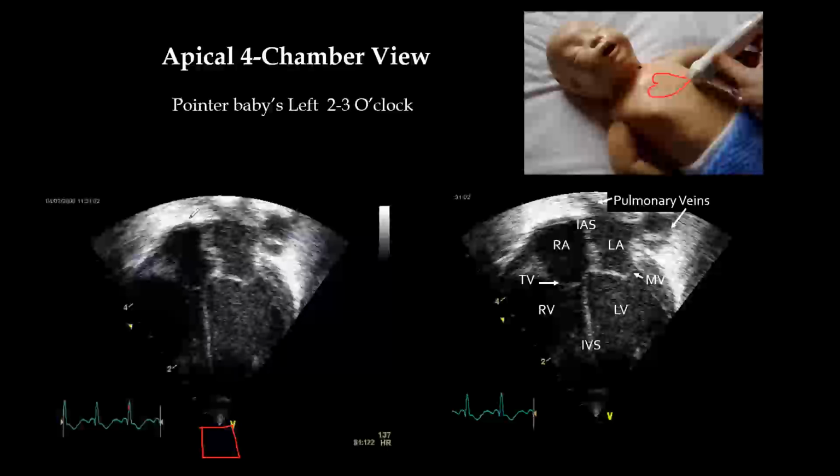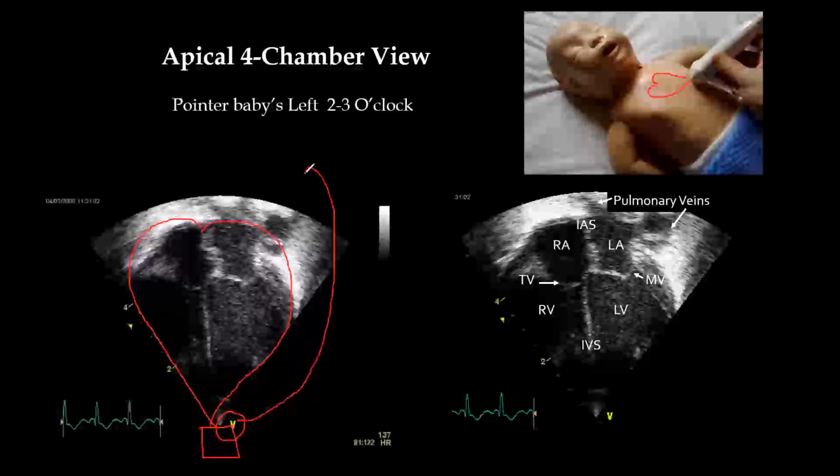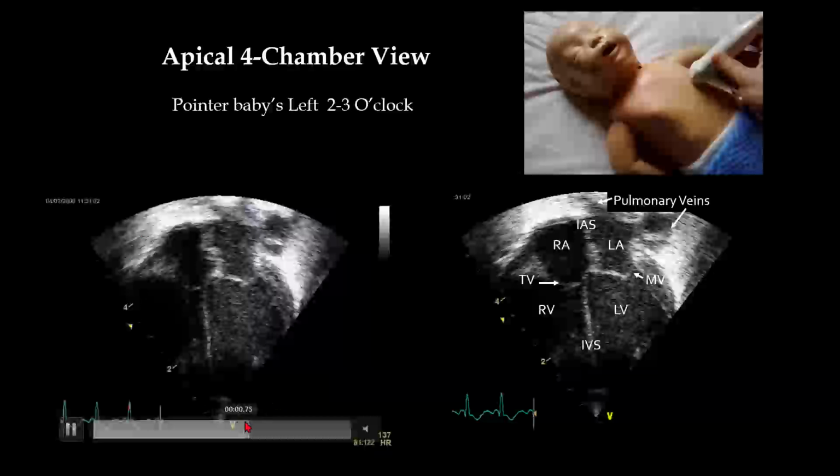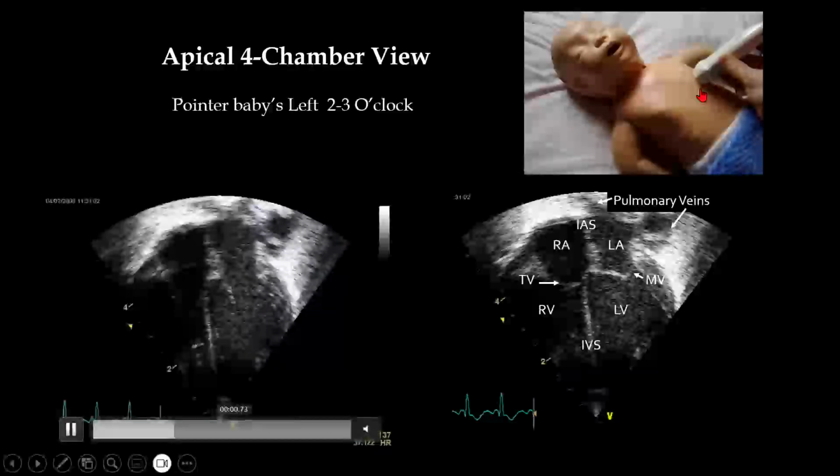So that's why we call it anatomically corrected. But in adults, they always do this apical four chamber view by bringing the probe orientation marker up here. So that is an inverted four chamber view. But in pediatrics and neonatology, we do the apical four chamber view anatomically upright. That's why we tend to keep the probe orientation marker down here.